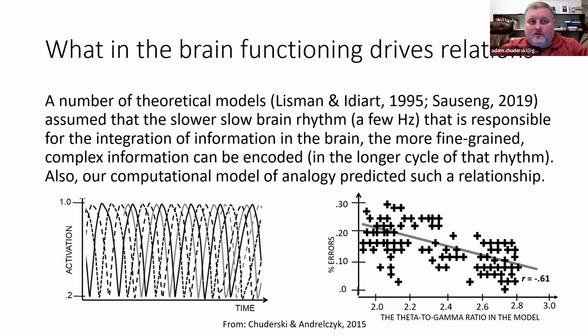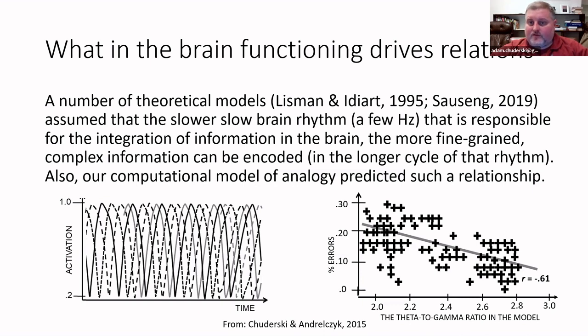So there are a number of theoretical models of working memory, starting from a seminal model by Lisman and Idiart from the early 90s, which assume that working memory depends very much on slow brain rhythms.